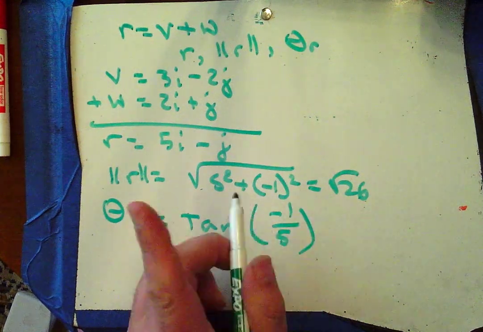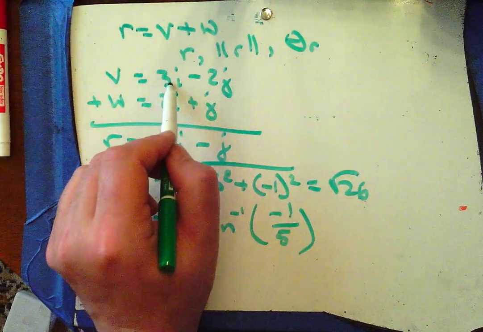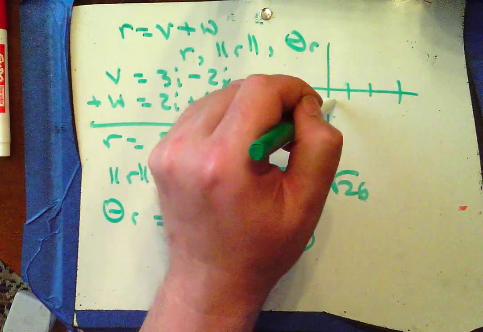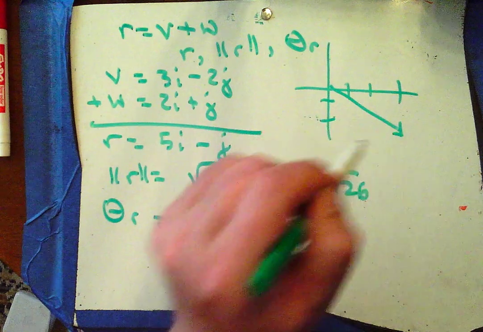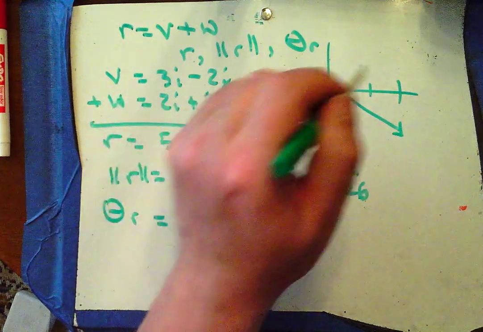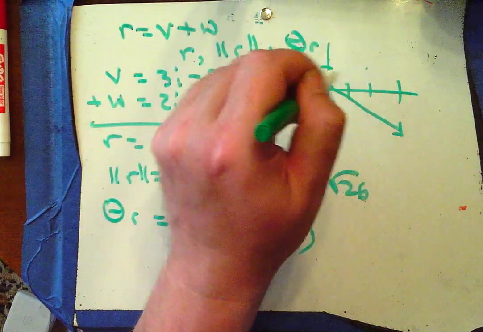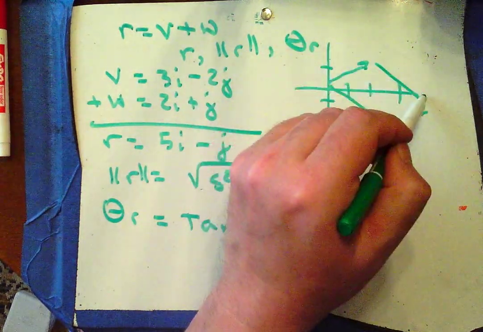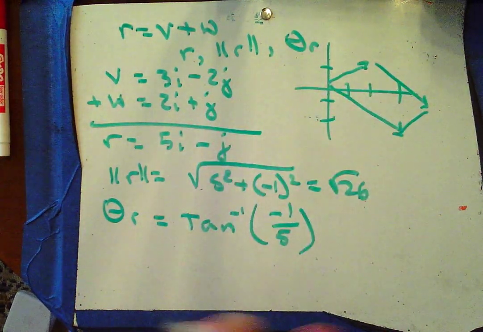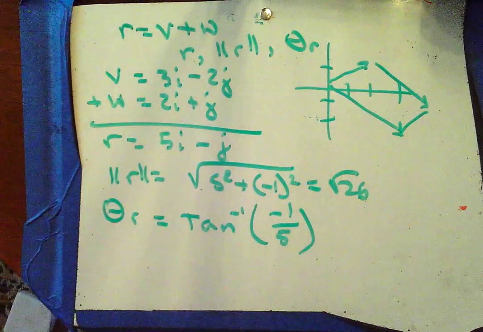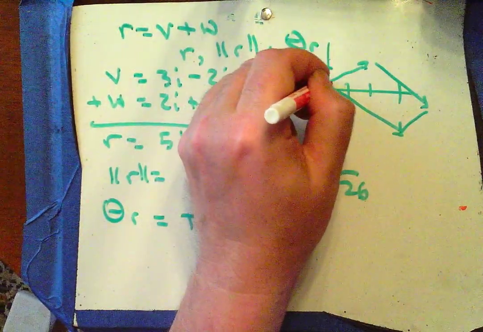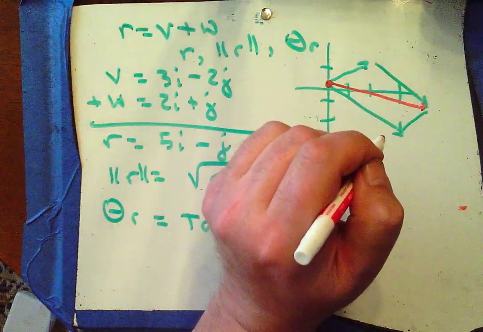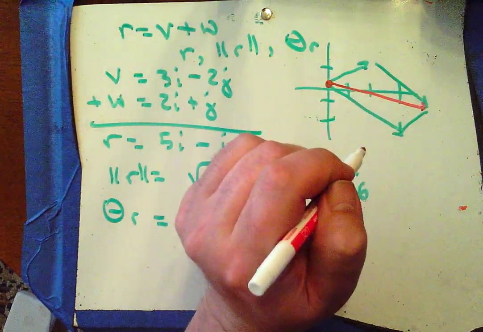Now, let's think about this. Here's v. v goes over 3 and down 2. Here's w. It goes over 2 and up 1. If I add these two vectors together, I get this parallelogram. And if I draw the vector from the initial point to the terminal point, this is going to be my resultant vector.